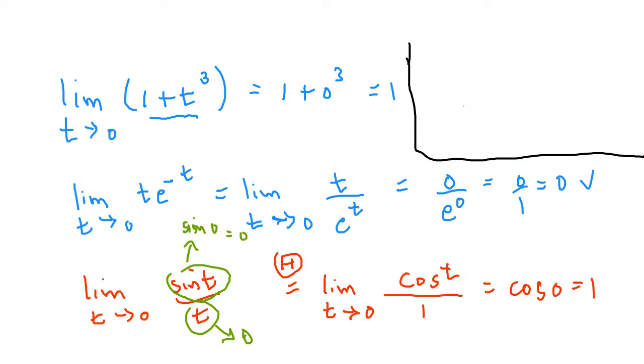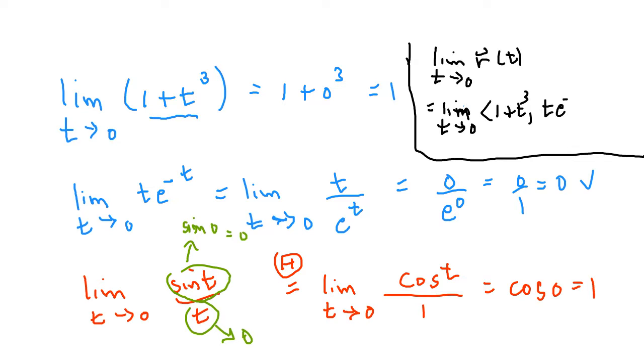So now we know the limit as t approaches 0 of r of t, which is, from example 2, I'm just basically putting it here, the limit as t approaches 0 of the vector whose components are 1 plus t cubed, t times e to the negative t, and then sine of t over t.